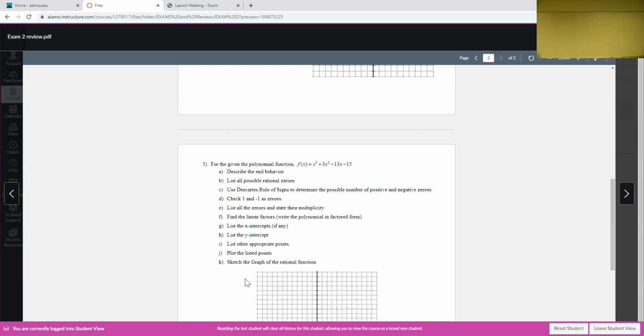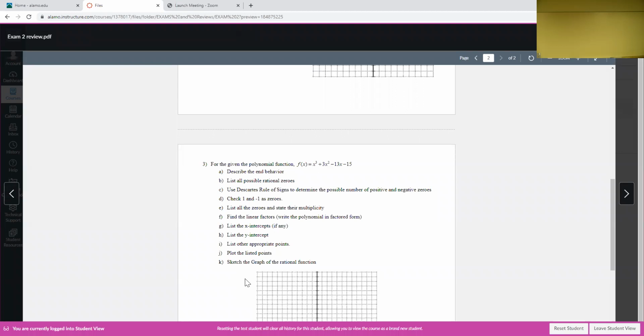Some of them deal directly with the graphing, like J and K. And everything else is you're finding things or you're stating properties, like describing the end behavior. I tell you, you need to show me all your work. When describing the end behaviors, you don't need to show me work, because describing the end behaviors is telling me the work.